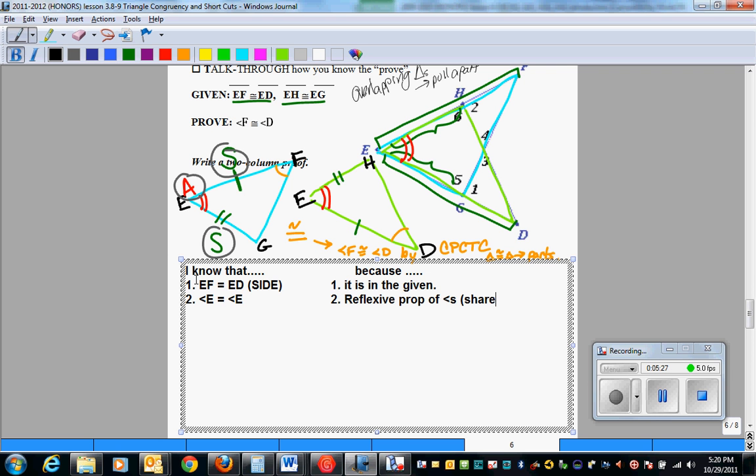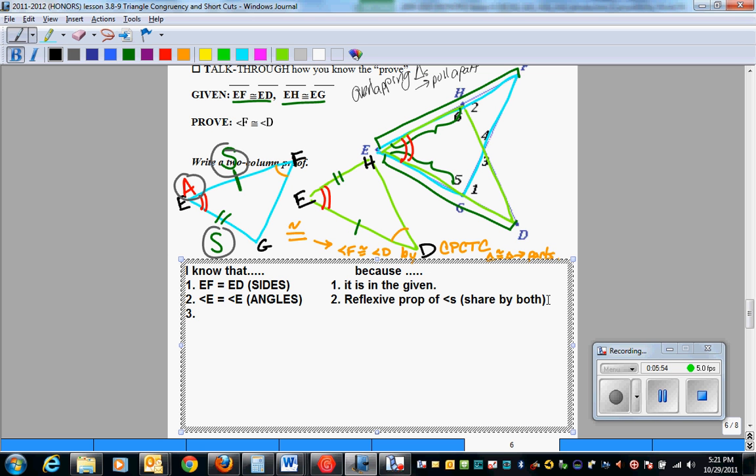Reflexive means it's shared by both triangles. That's what makes it reflexive. It's shared by both. It's congruent to itself. This gives us our pair of angles. We have a first pair of sides, and we have a pair of angles.